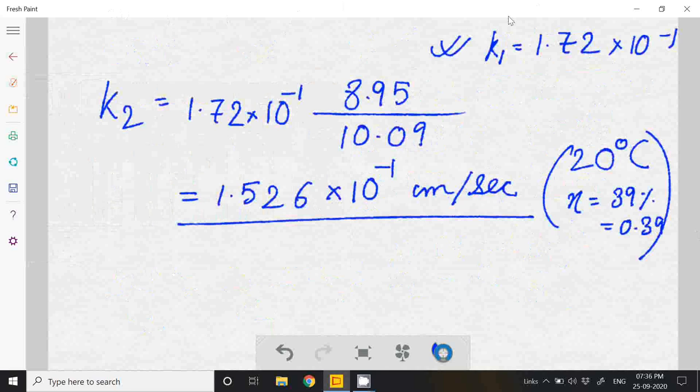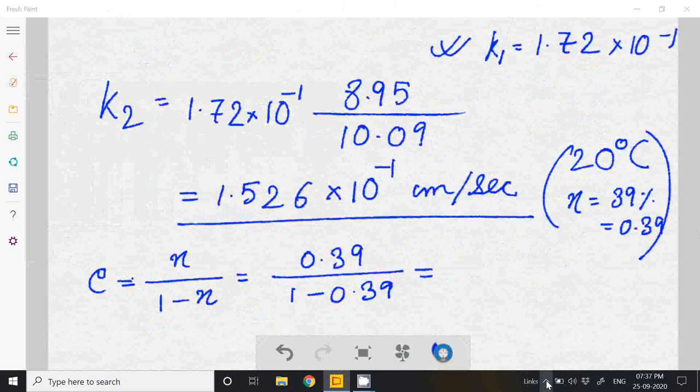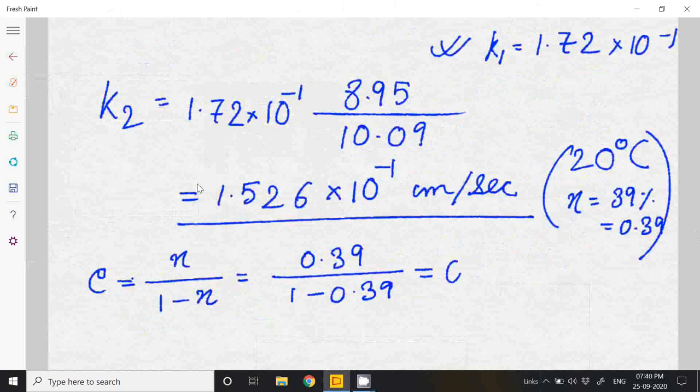Then what is void ratio? Void ratio is equal to n by 1 minus n. So it will be 0.39 by 1 minus 0.39. Quickly calculate how much this will become. This will become 0.64.